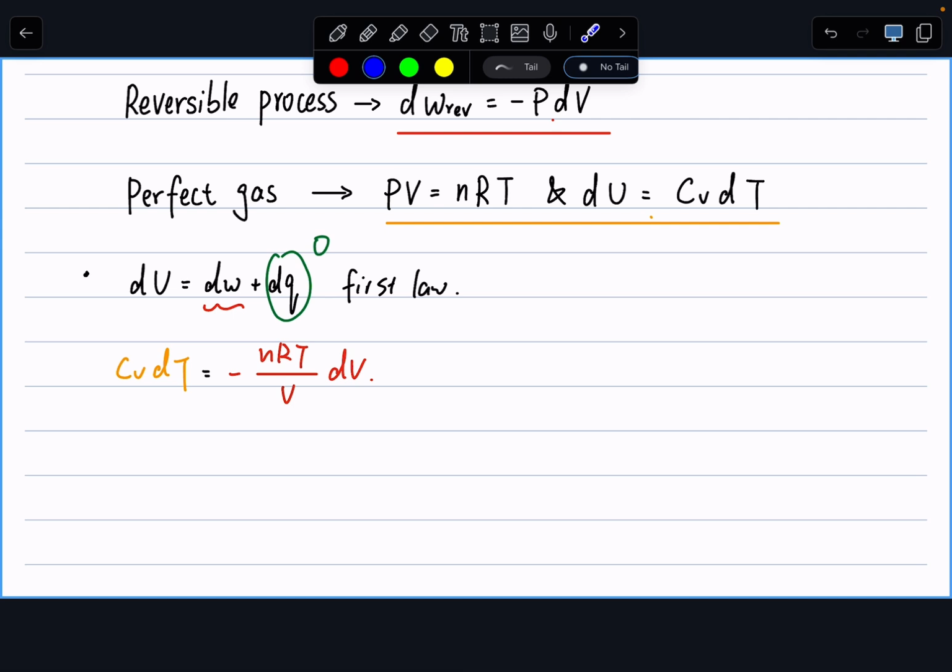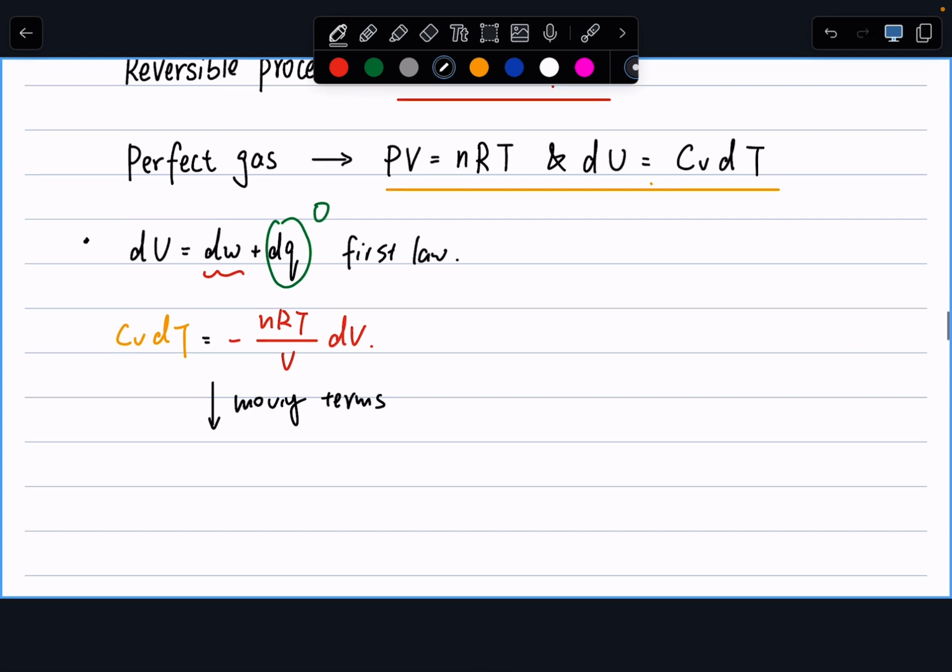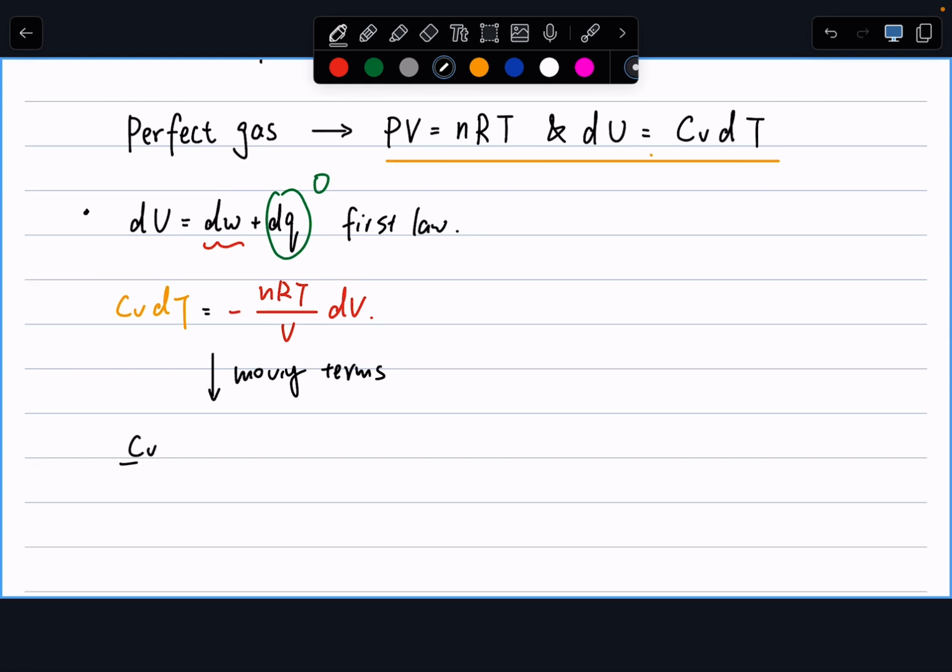So now we're just moving the terms in this expression. And what we end up getting is Cv over T dT equals negative nR over V dV.